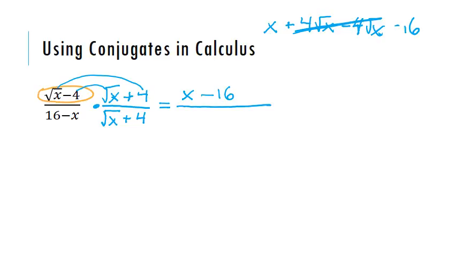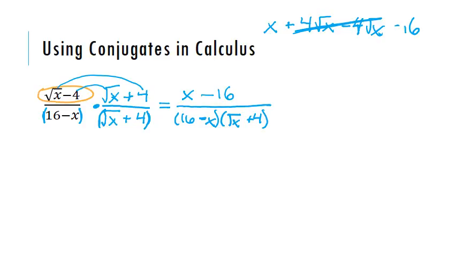On the bottom, because you're multiplying two completely different things, you don't actually want to FOIL those together. What we're going to do is just put each binomial in parentheses and leave them be. So we're going to just have 16 minus x and root x plus 4.